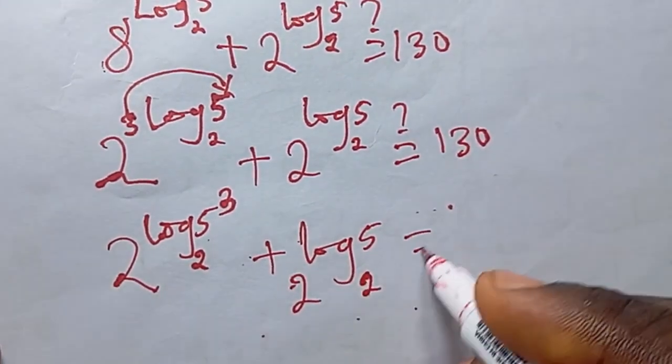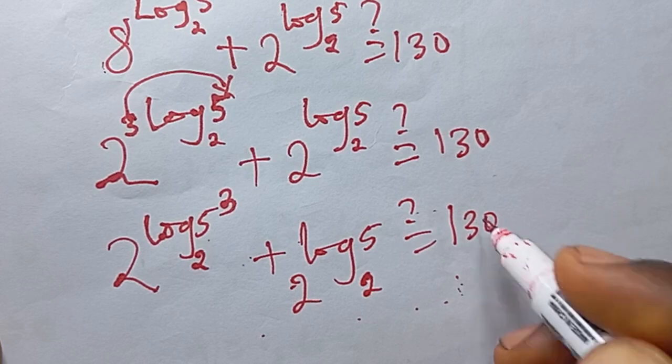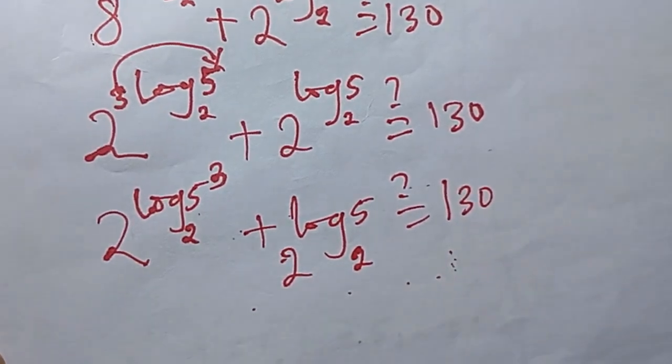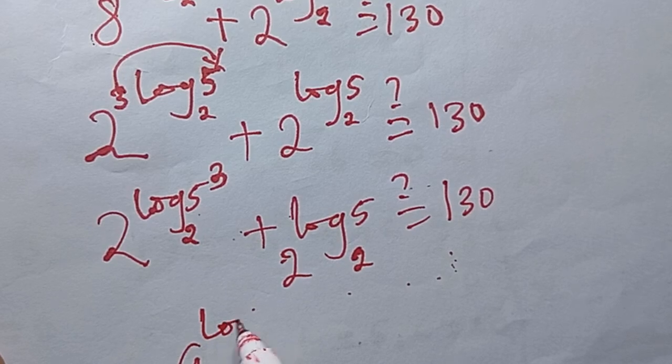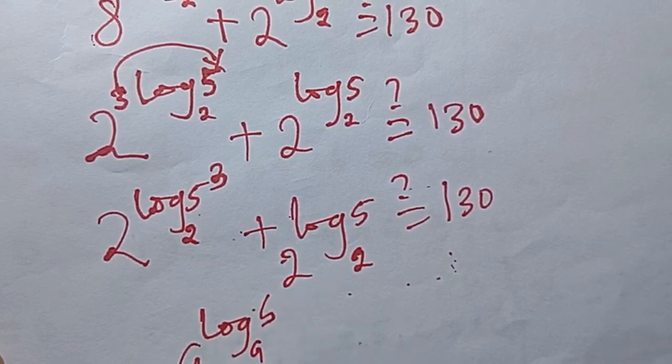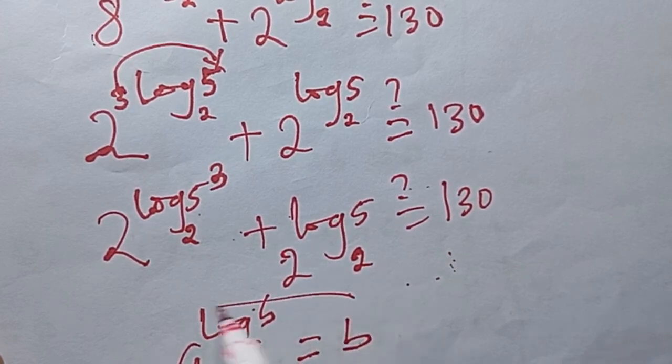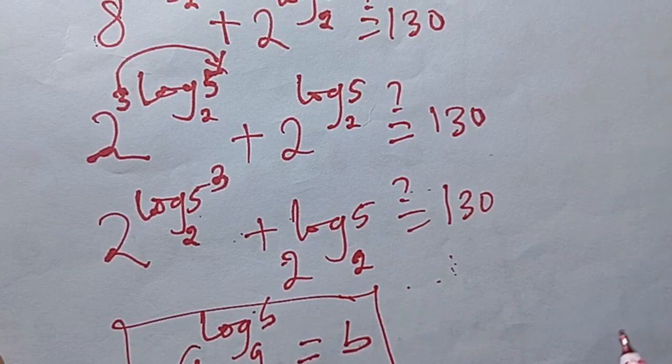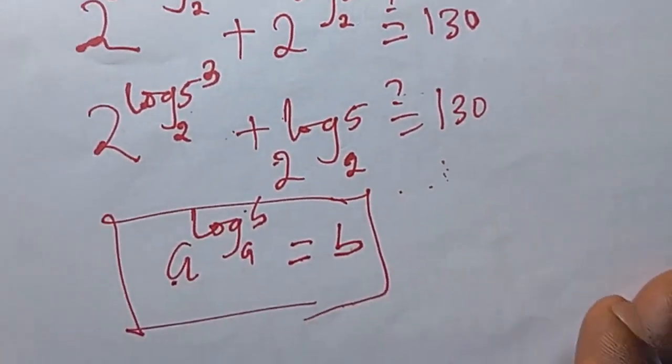And then there is one important rule of logarithm which I want to bring to your notice. When you have a power log b base a, once the power and the base of the log are the same, this whole thing is actually going to collapse to b. So this is very important, and I'm going to apply this rule over here.